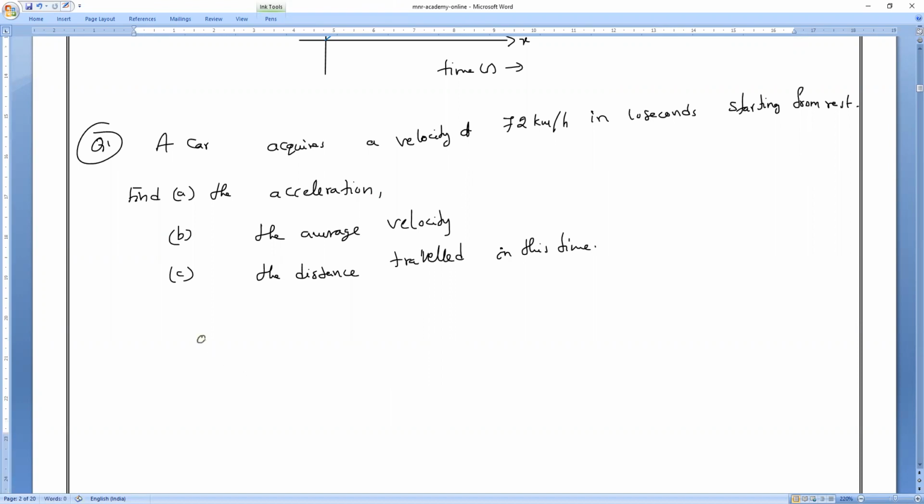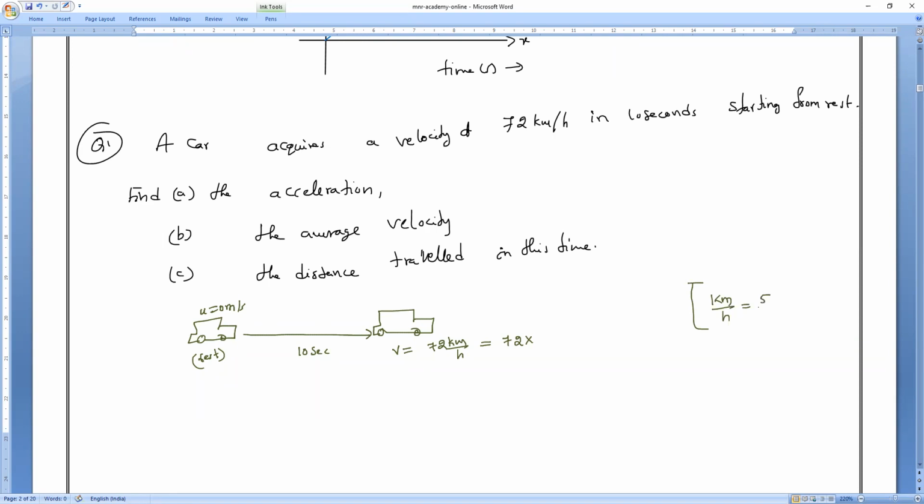So the initial velocity is 0, and after 10 seconds it acquires a final velocity. But the final velocity is given in kilometer per hour. We must convert it into meters per second.